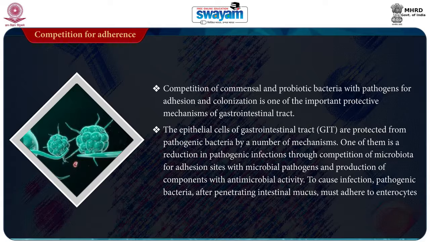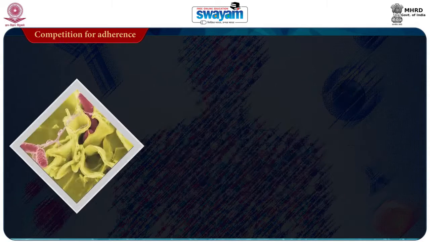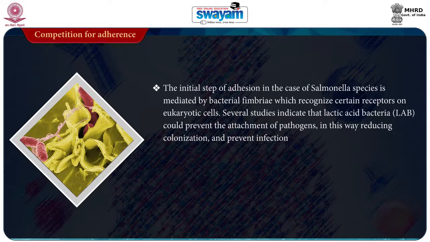To cause infection, pathogenic bacteria, after penetrating the intestinal mucus, must adhere to the enterocytes. The initial step of adhesion in case of Salmonella species is mediated by bacterial fimbriae, which recognize certain receptors on the eukaryotic cells.